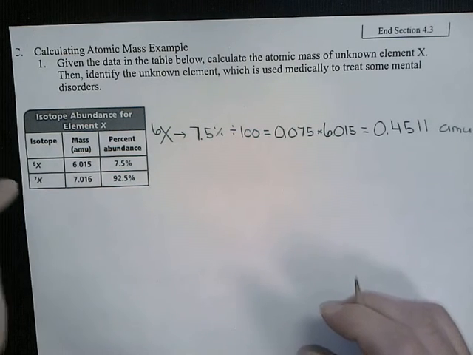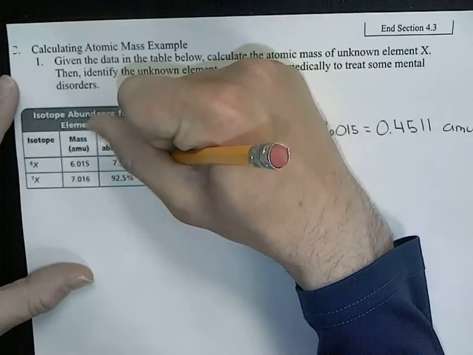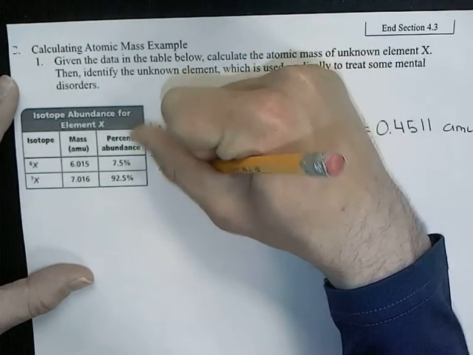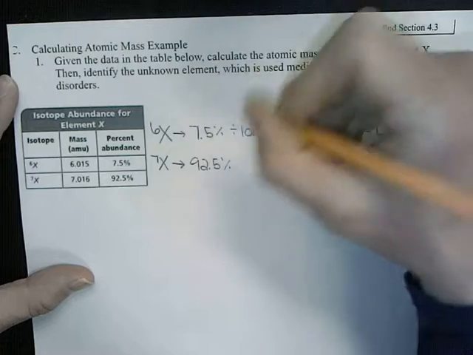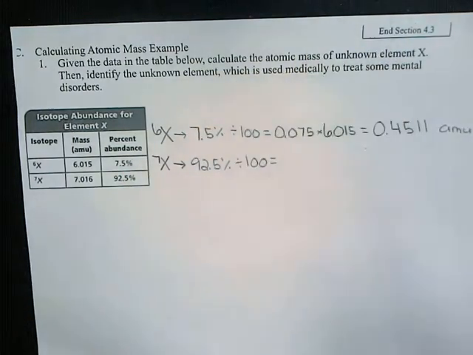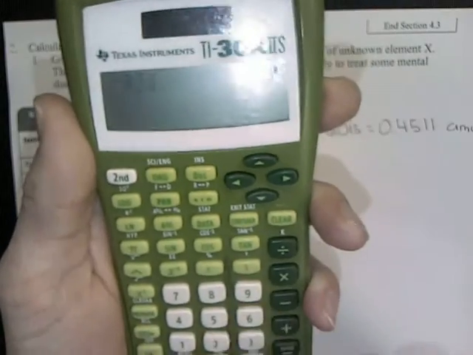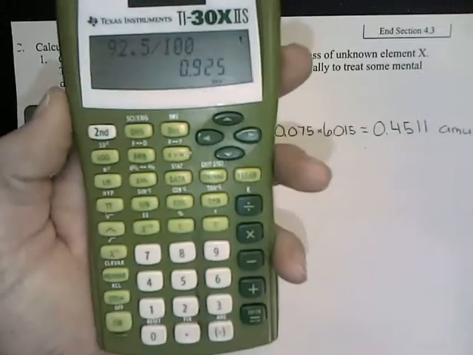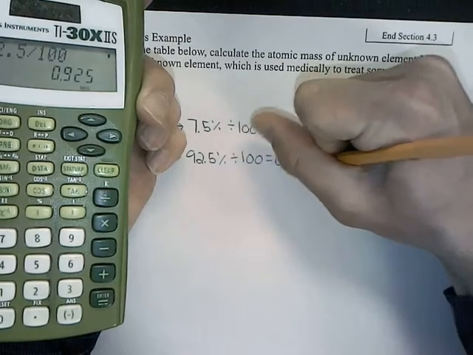Now, we're going to do the same thing for the other isotope of this element. Again, we start out here with X. We take the percent, and we have to take it out of percent form, and we divide by 100 to do that. So we put 92.5 divided by 100, and we put 0.925.